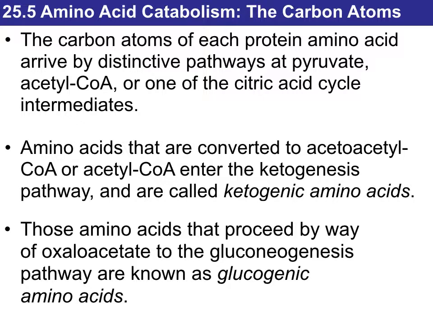The ones that proceed by way of oxaloacetate to the gluconeogenesis pathway, we name glucogenic amino acids. You need to know both of those, the distinction, the characteristics and the definition.